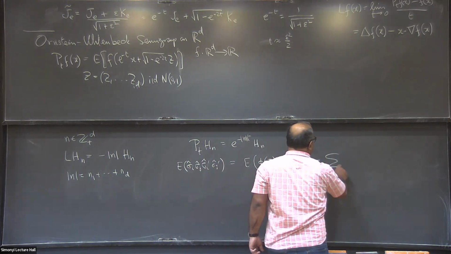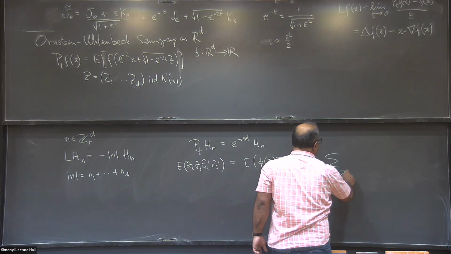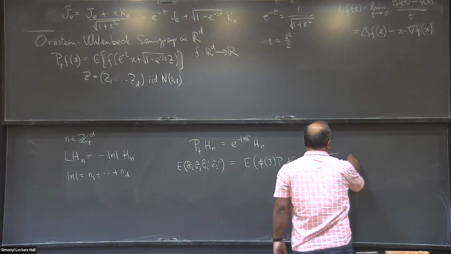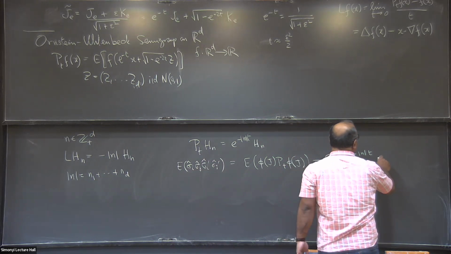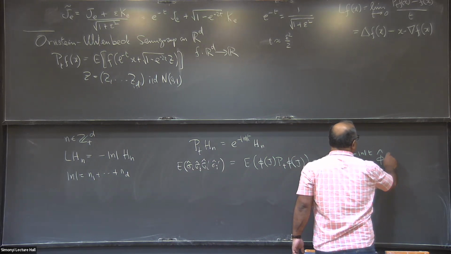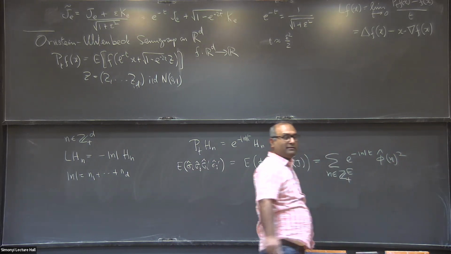And so this is just the sum over all n in Z plus to the E of e to the minus the size of n times t, and then phi hat n squared.